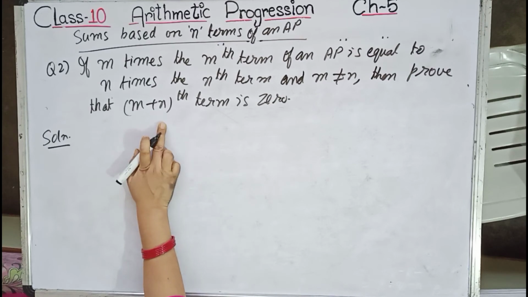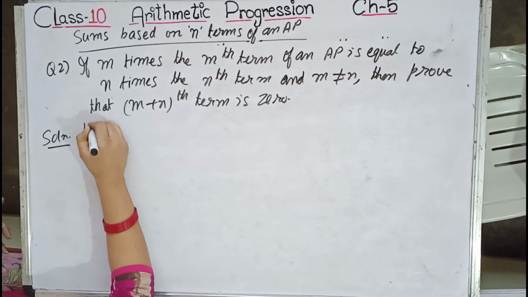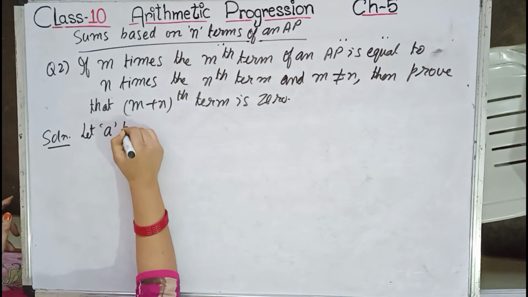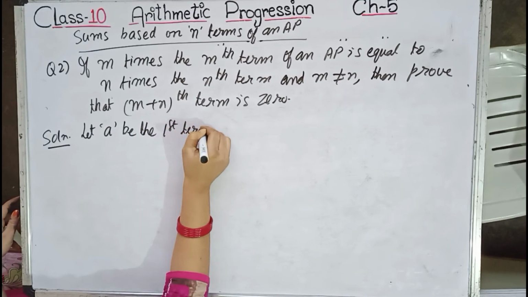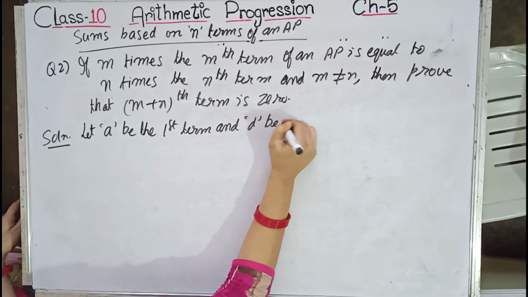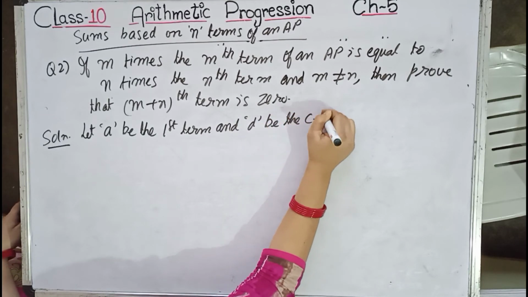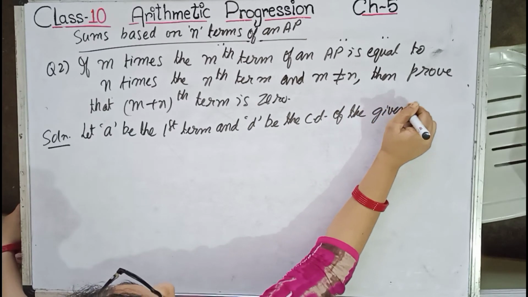Then substituting in the m plus nth term, it will give 0. So let a be the first term and d be the common difference of the given AP.